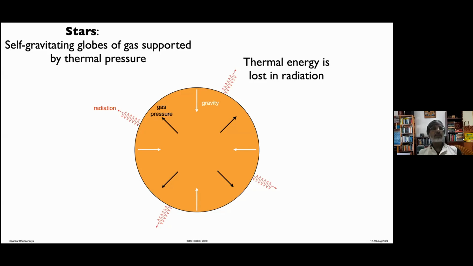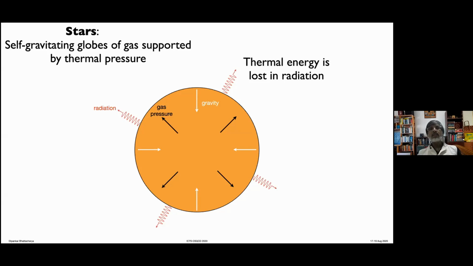But as we see this radiation, it means that the internal energy, which is providing thermal pressure, is leaking out in this form. So thermal energy is lost in radiation.